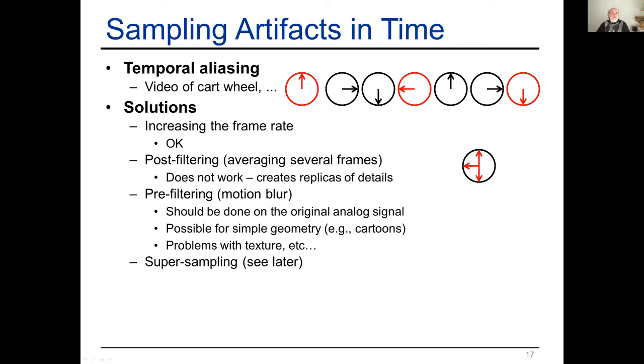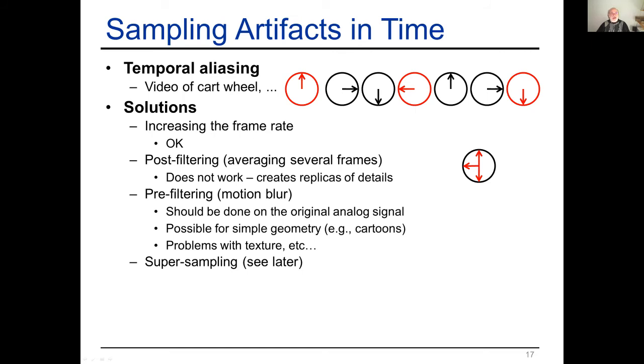And you all have seen this in old movies, right? The movies are shot at 25 or 24 frames per second in many cases, particularly the old ones. And when you see a wheel in those films, these wheels often appear to be turning backwards, which seems strange, but that again is a temporal aliasing artifact.